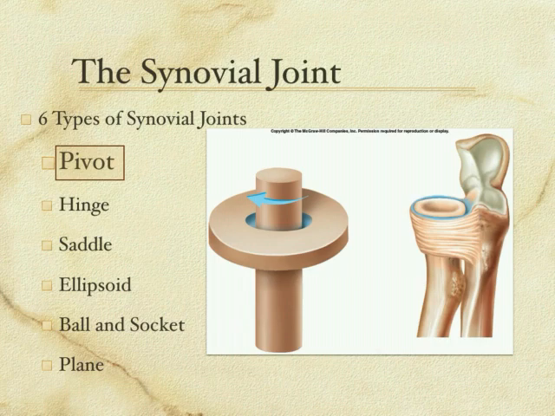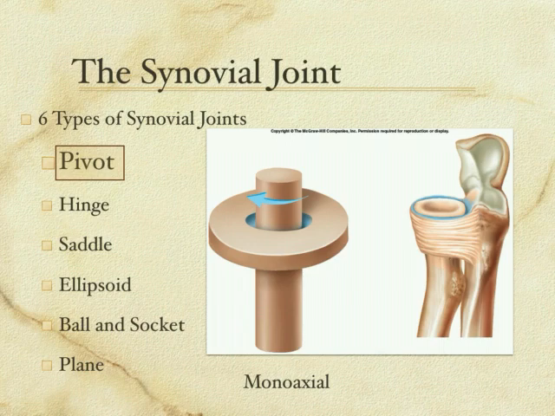This requires bone surfaces that will allow one bone to rotate against another. When we actually talk about movements, this one will become a little more apparent. We call this a monoaxial joint because it has one ability of motion.